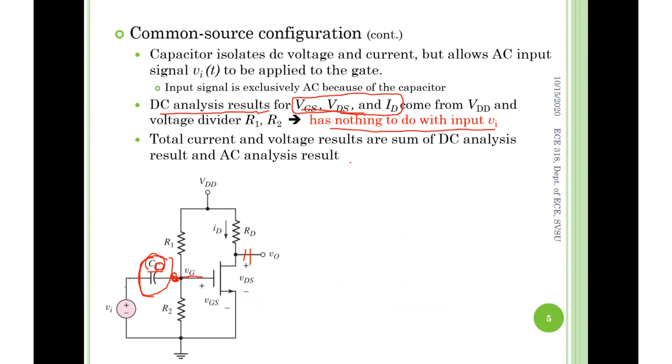And of course, never forget, the circuit voltage or current always equals the total result from DC and AC analysis. However, this is not something we are really going to use a lot. No, we are not looking for the output voltage. We look for the three guys and the AC gain rather than the output signal.